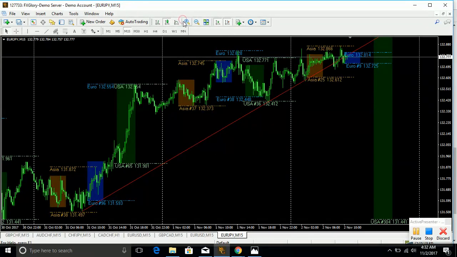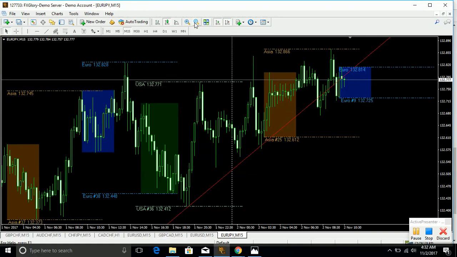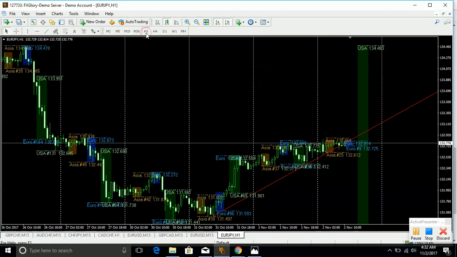And if you look here where we're at now, we're getting dojis. Now this is simply just the first bounce on this particular trend line.